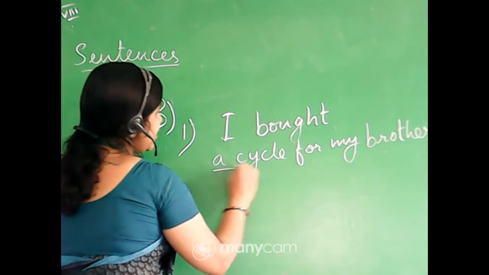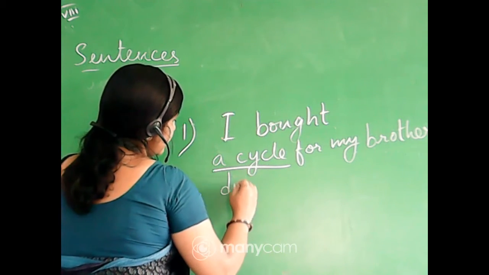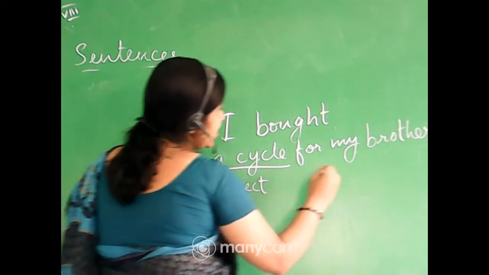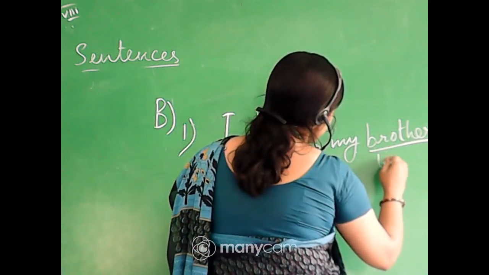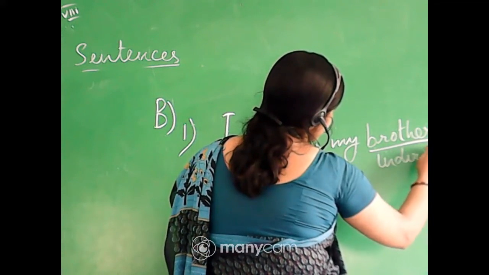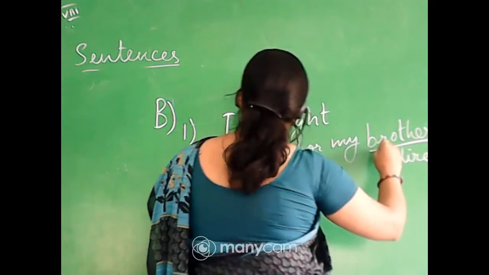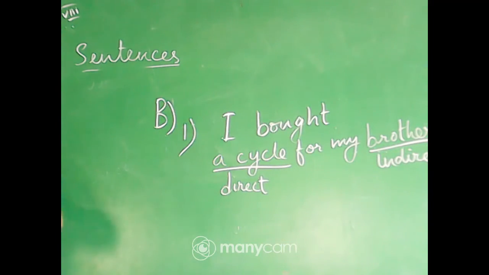The direct object is cycle and the indirect object is brother. Okay, so this is the direct object and brother is the indirect object.